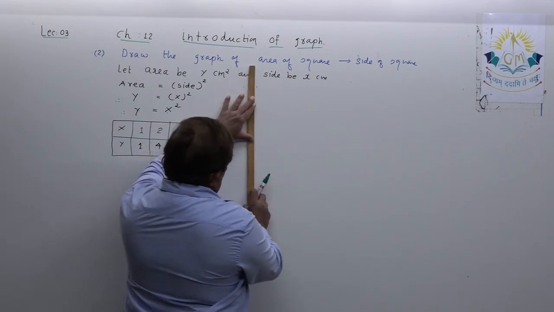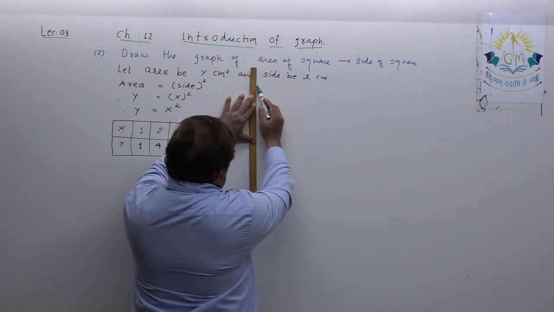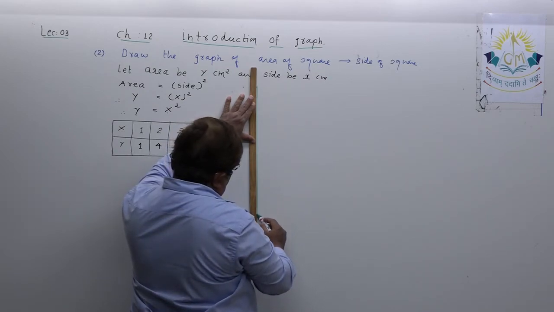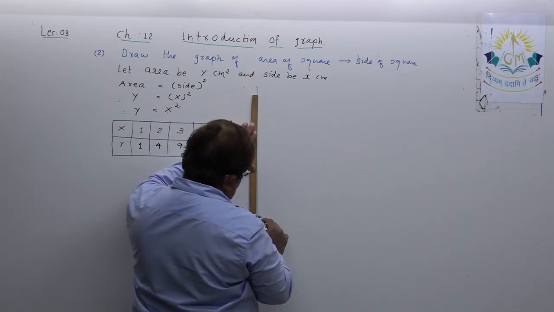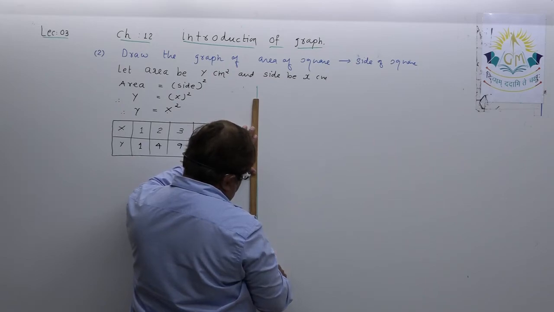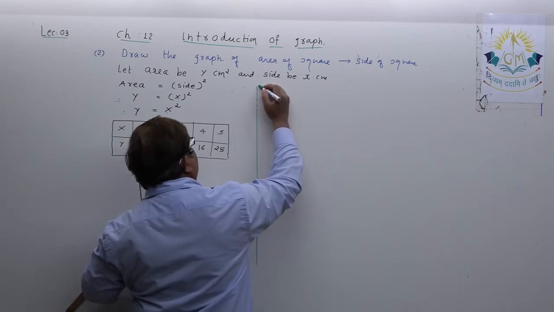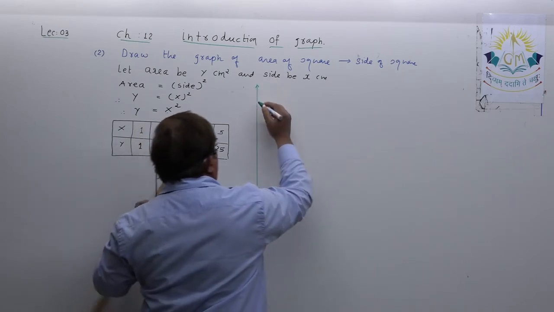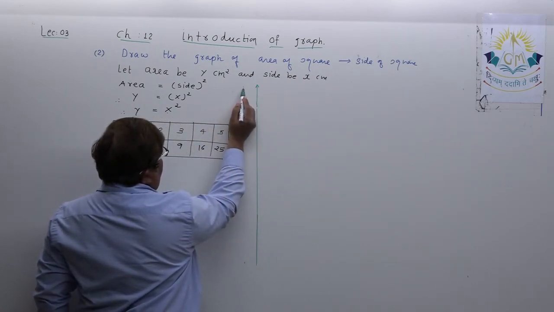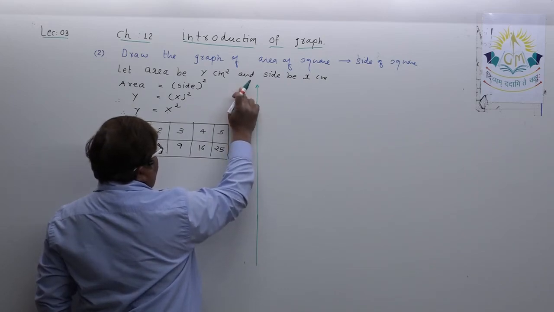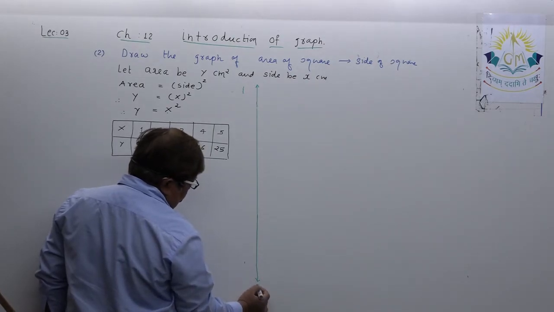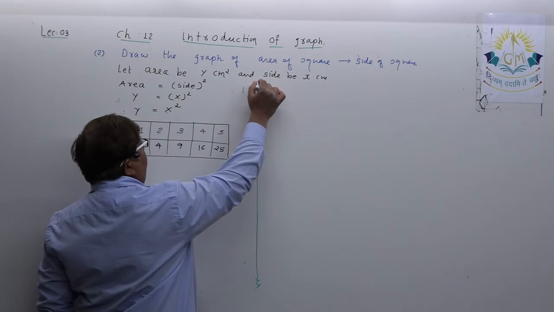And I will draw the y-axis from here, not from the middle. This is the y-axis, not from the middle. You understood this? Suppose this is the y-axis I have taken. I have just left one box. This white part, starting from this, is the first green line. Here you write y dash.